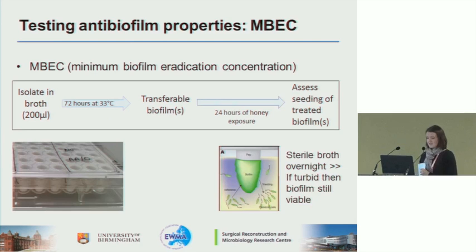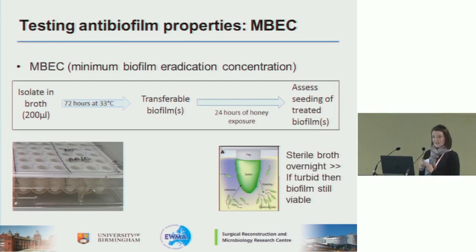The other experiment is called the MBEC, and this measures the minimum biofilm eradication concentration. What you do is form a biofilm on the underside of pegs of a PCR plate. You take an overnight culture of isolate in broth, seed it into a plate, add a PCR plate on top, make a biofilm on the pegs of that PCR plate, and then you can transfer that biofilm into any test agent you want.